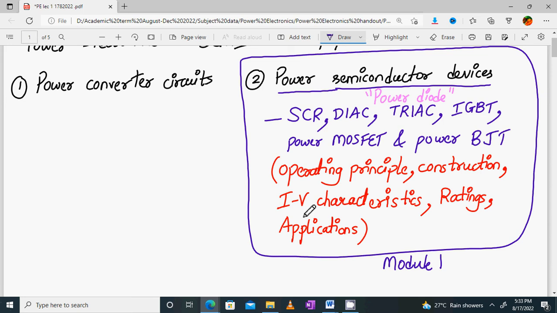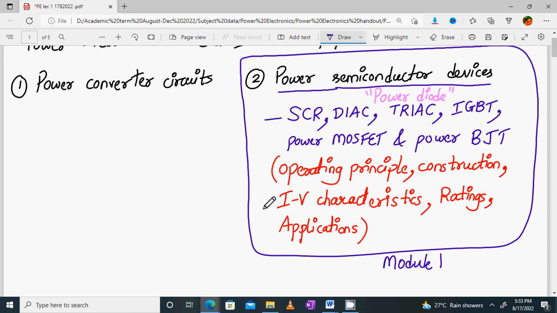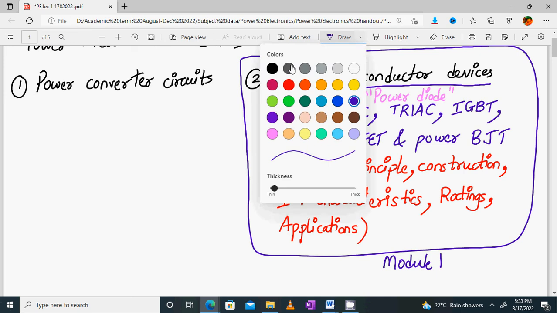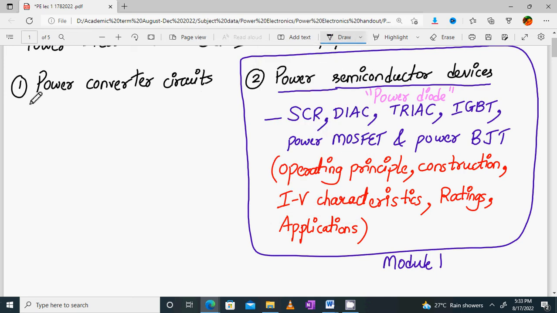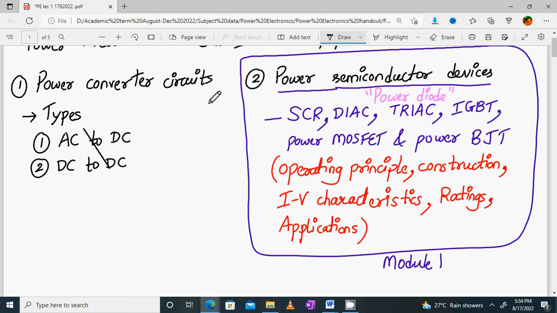Okay. Next, we go to power converter circuits. Basically here we'll be studying the various types of power converter circuits. The first type is AC to DC, which we can call an AC to DC converter. Second type is DC to DC converter.